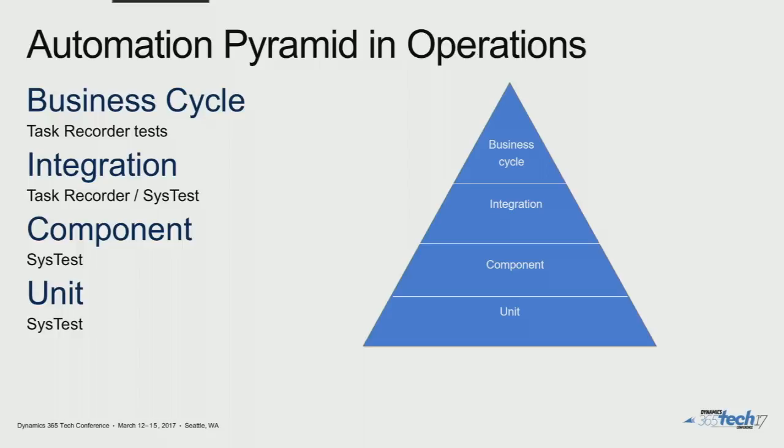Okay, so what are the basic tools to address the tests in the pyramid from an automation perspective? So at the unit component level, it's all about sys-test. And if you don't know what the sys-test framework is, how many know about it? Most, but not all.